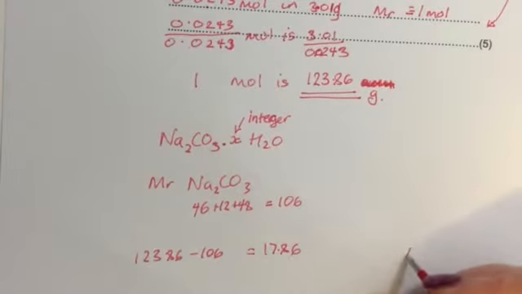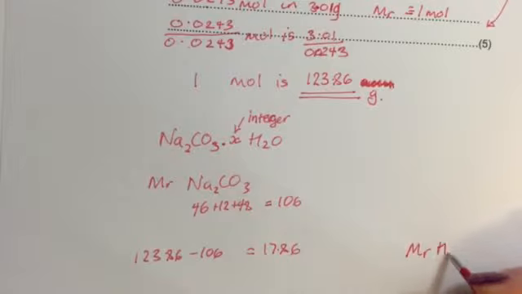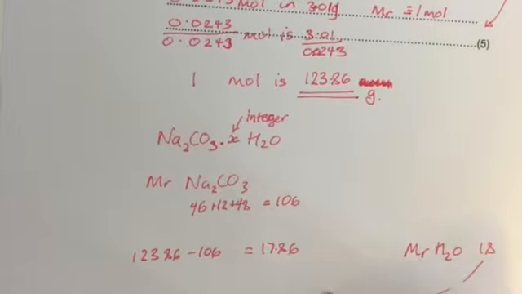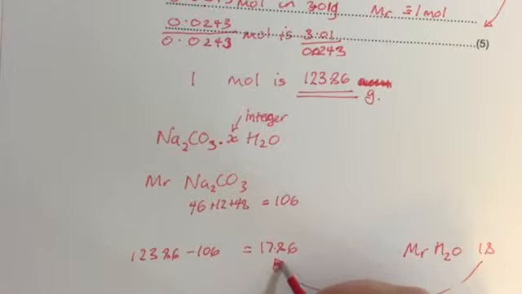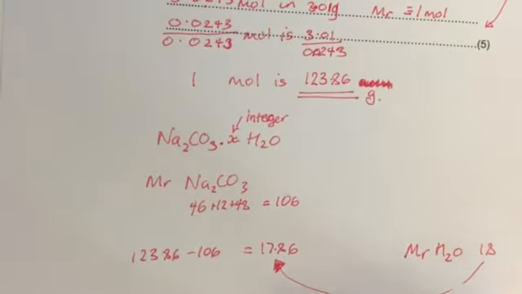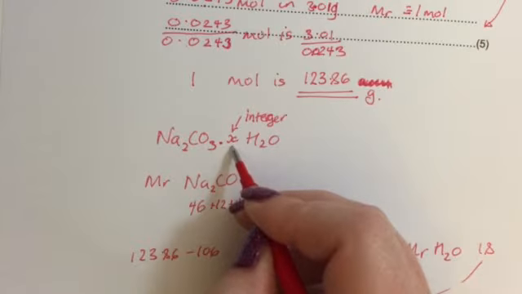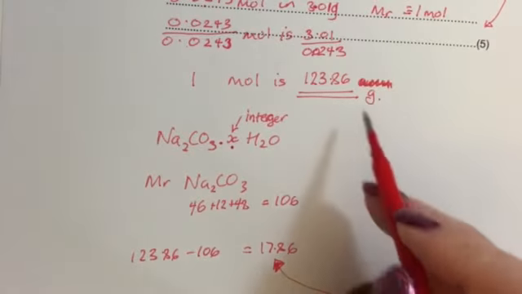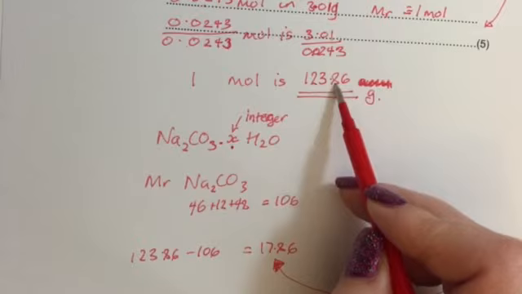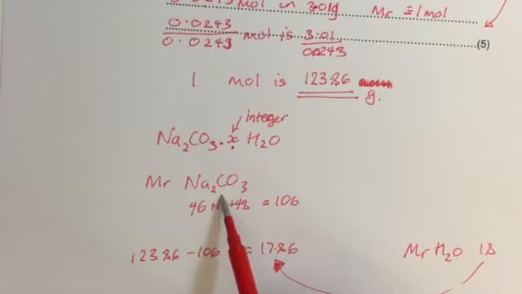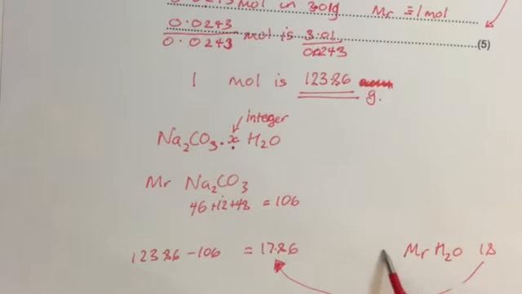Now, the relative mass for water is 18. So I'm hoping that you can see that that is practically 18. And that means that this value here of x has got to be 1. Because the difference between the total mass and the mass of sodium carbonate on its own is just the relative mass of water. So if they ask you a question about integers, please don't freak out.